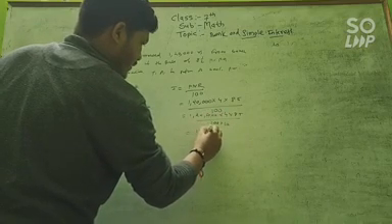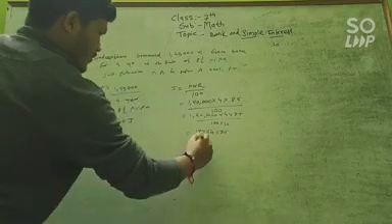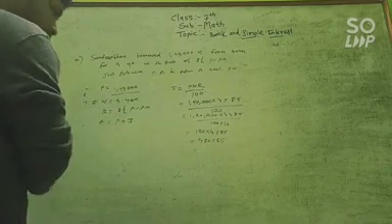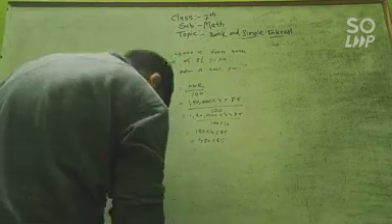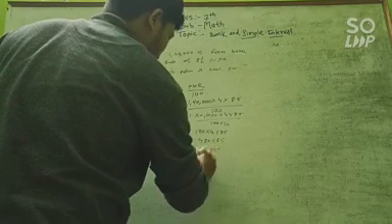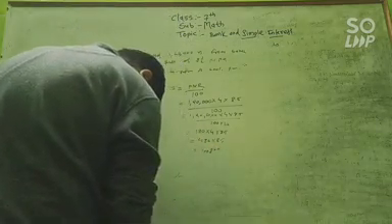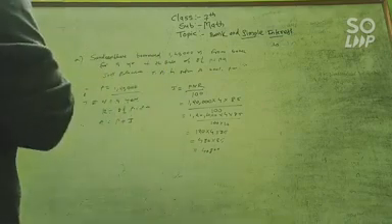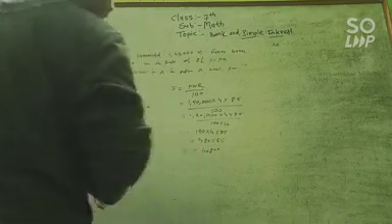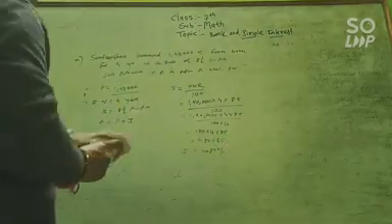So 120 multiplied by 4 multiplied by 85, that is 480 multiplied by 85, which is 40,800 rupees. So 40,800 rupees is our interest.